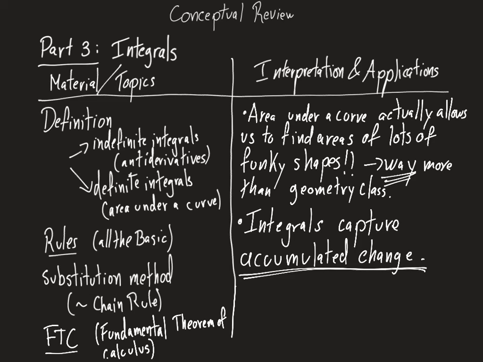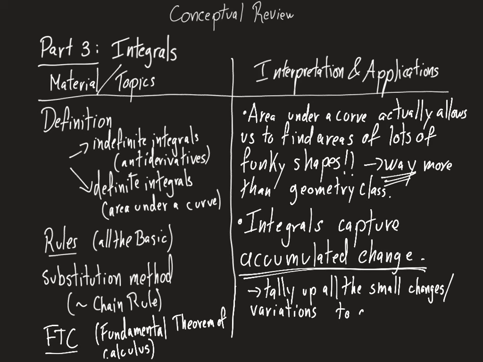It's not as straightforward as, derivatives was just speed or something, right? But this idea of accumulated change, it's like they tally up all the small, even technically infinitely small changes and variations to give you an end total. And this end total is exact.